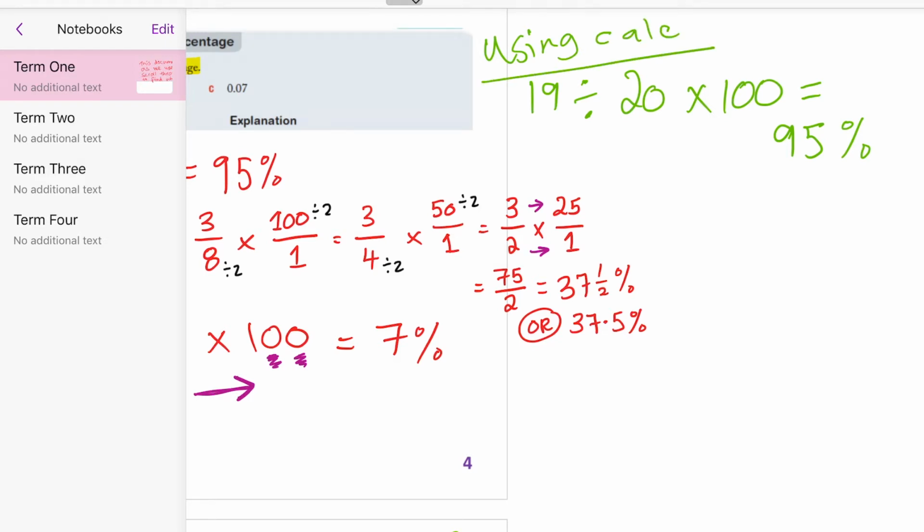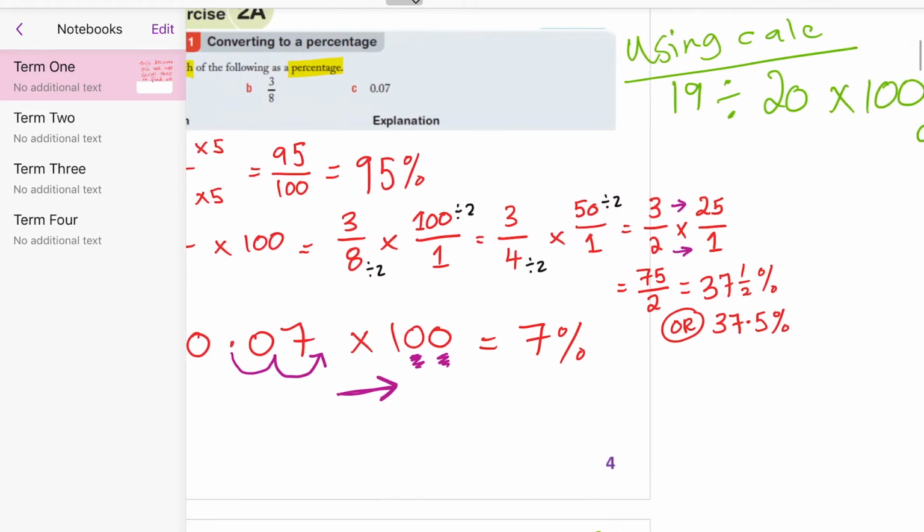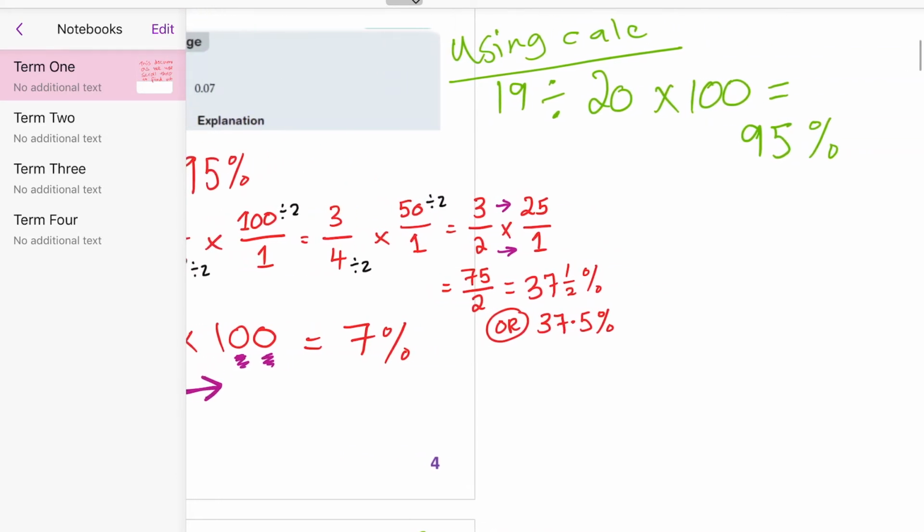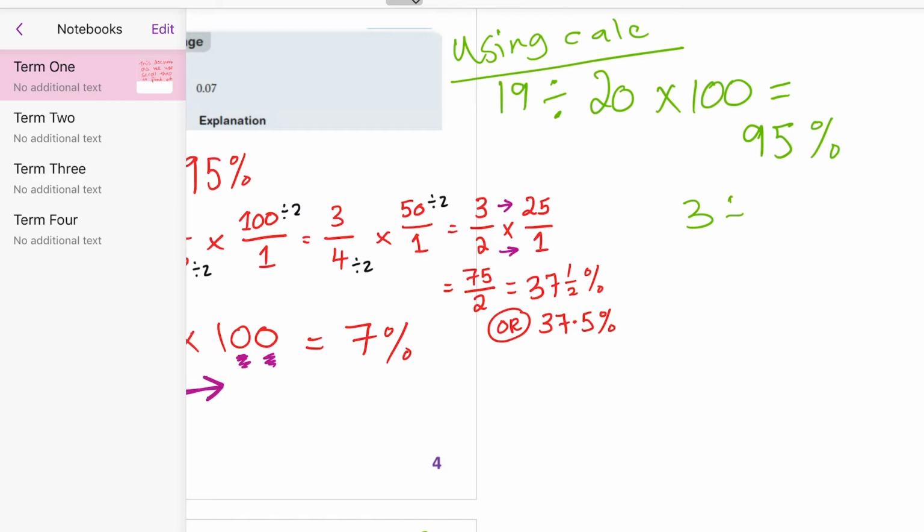So all this green writing I have is showing you how to use your calculator. 3 over 8. 3, divided by 8, times it by 100 because I want it in a percentage. You should get an answer of 37.5%. Remember, if you press that ABC button, you will get it in fraction form.